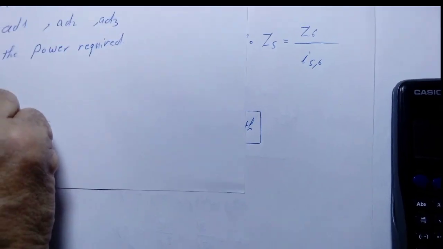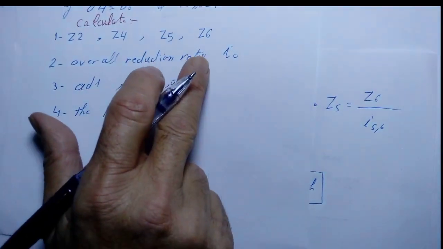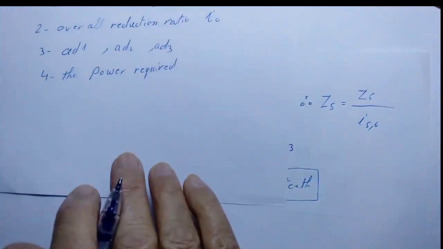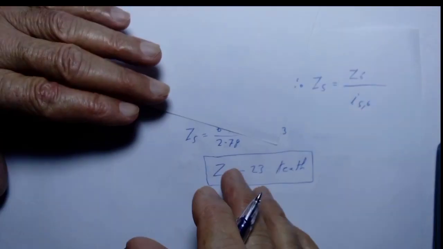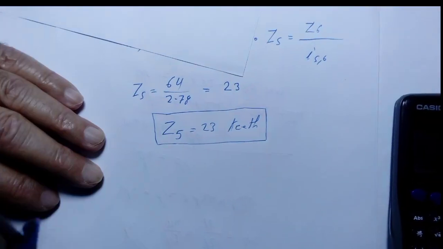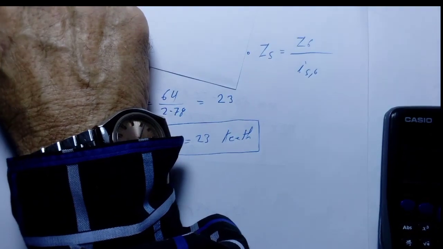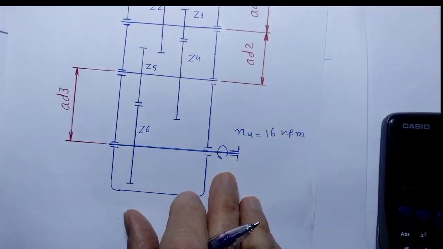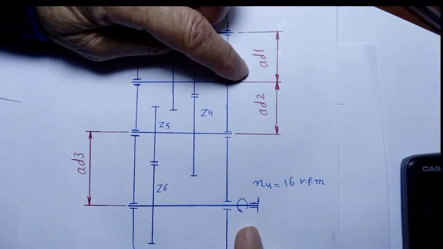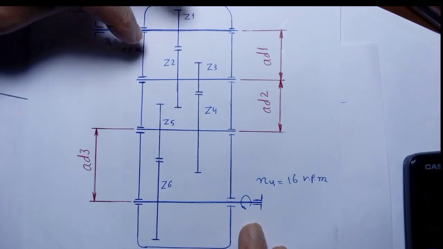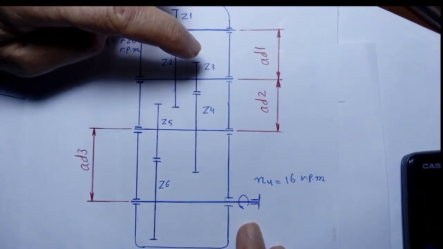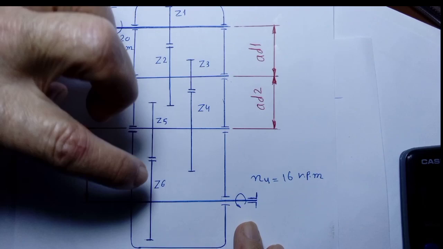Number 2 is the overall reduction ratio I naught, which we got before. Now we need to get the center distances AD1, AD2, AD3: between gears 1 and 2, between gears 3 and 4, and between gears 5 and 6.